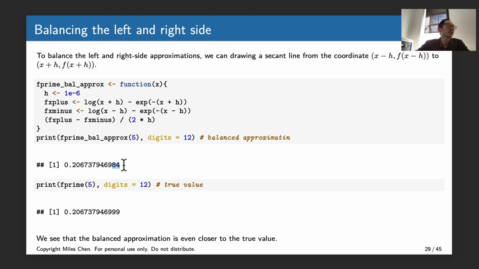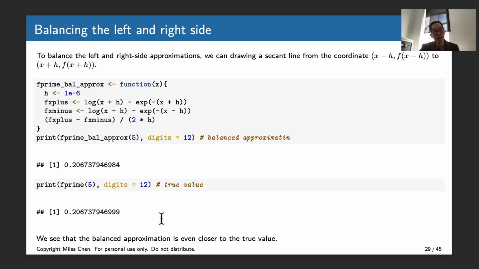Our performance isn't always going to be this great, but I get this approximate derivative by just doing an x plus h and an x minus h, and I think I get a pretty good derivative approximation there.